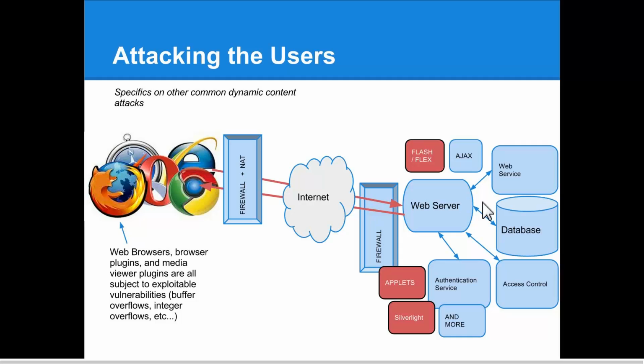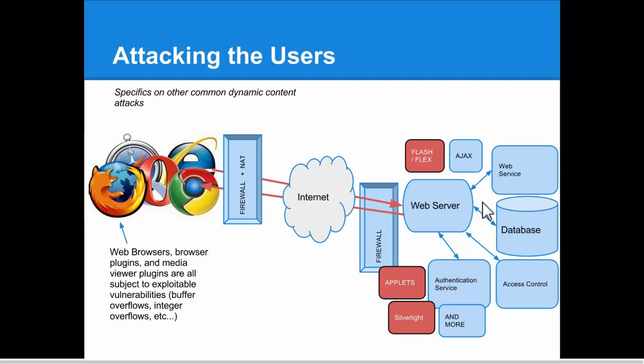So you have dynamic content attacks: Flash, applets, SQL injection. Content attacks really aim at vulnerabilities in web browsers and browser plugins. Perhaps you have a third-party PDF reader plugin in your browser, so you don't have to open the bloated Adobe Reader every time, such as Foxit Reader.